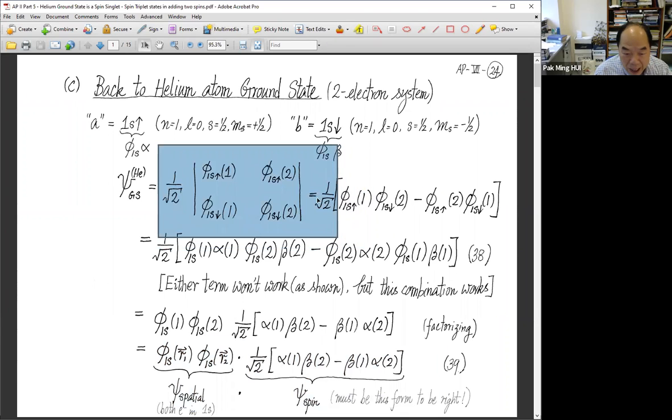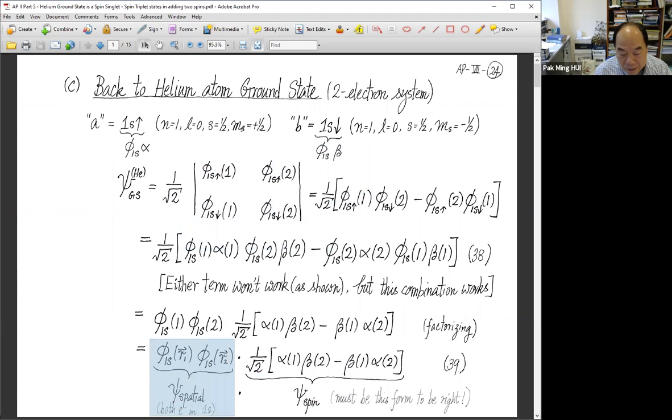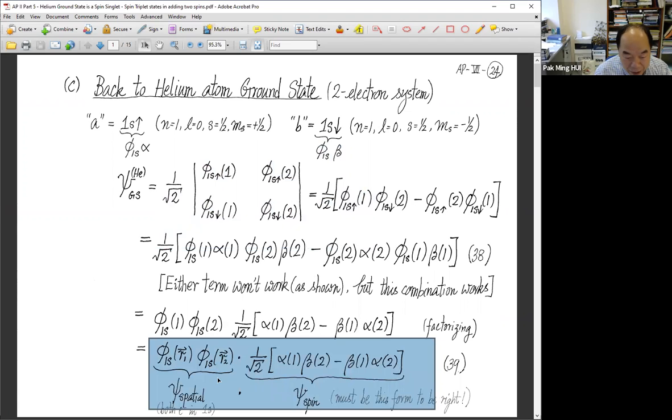Okay? But now we see for the 2 electron case, it turns out rather nicely. We can factorize into a spatial part and a spin part. Ground state, spatial part is symmetric, spin part is antisymmetric.